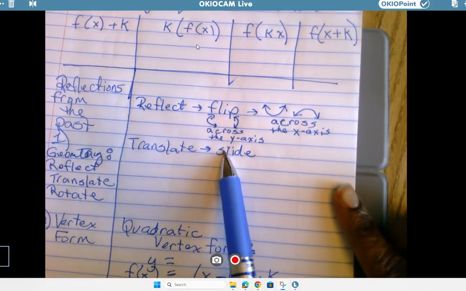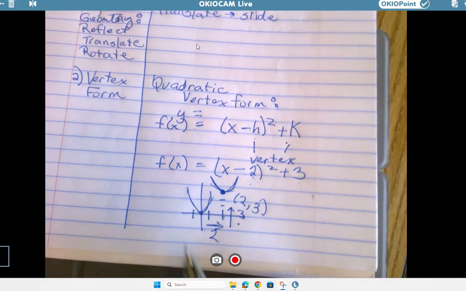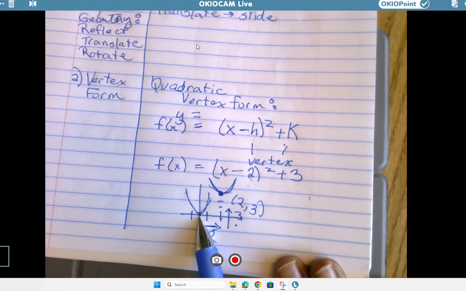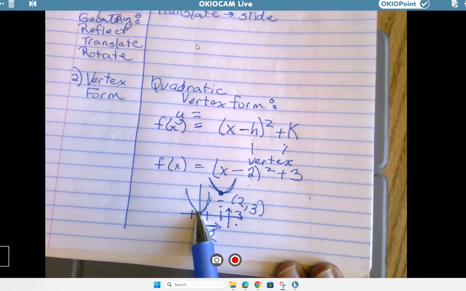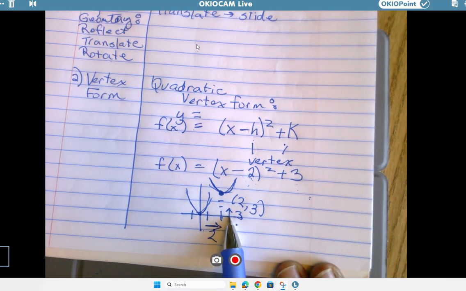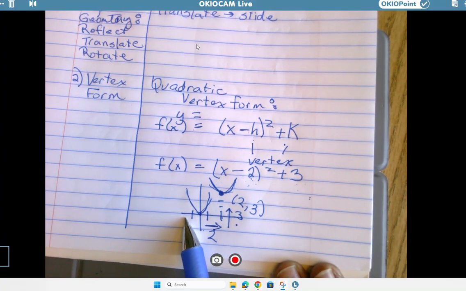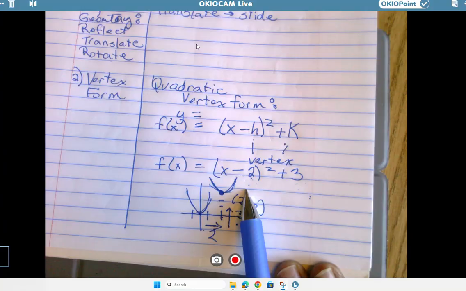Alright, so translation is a slide. Here's the parent function. If we did not reflect across the X and we did not reflect across the Y, did we slide this parabola, class? Yes, we did. It slid.